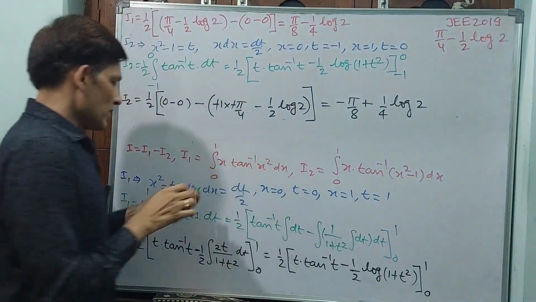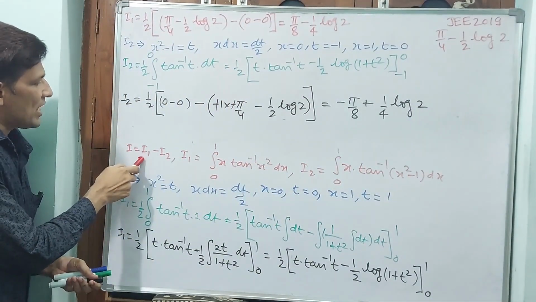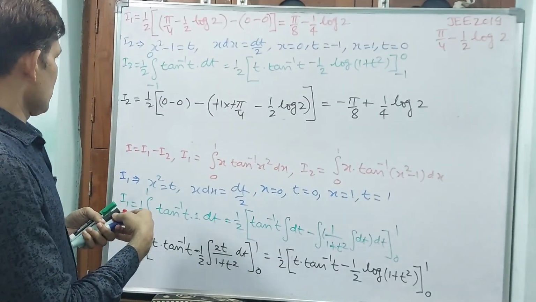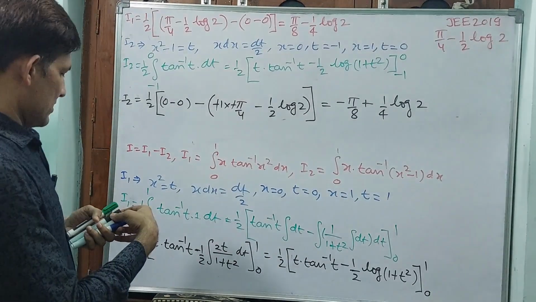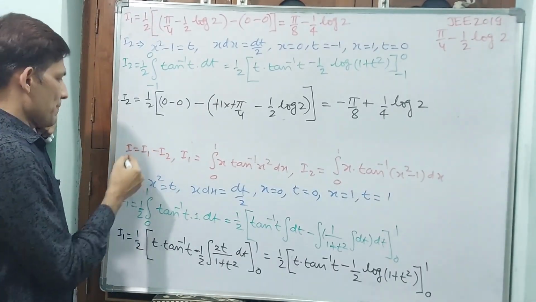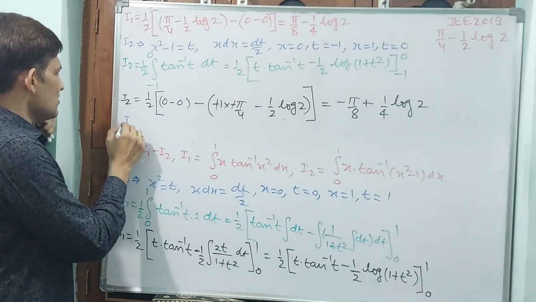Now you know I is equal to I1 minus I2. Write down. I need not take red again, I am going to take blue, because blue and red are going to mix. I is equal to I1 minus I2.